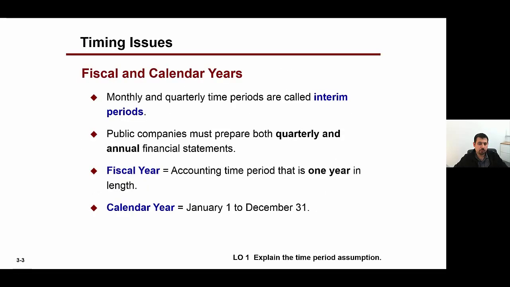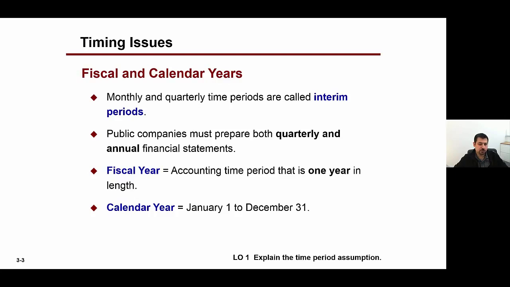Now, monthly and quarterly time periods are usually called interim periods. The annual time periods are the fiscal years. Now, a fiscal year doesn't always have to be exactly like the calendar year. For many companies it is. However, a lot of companies have different fiscal years.